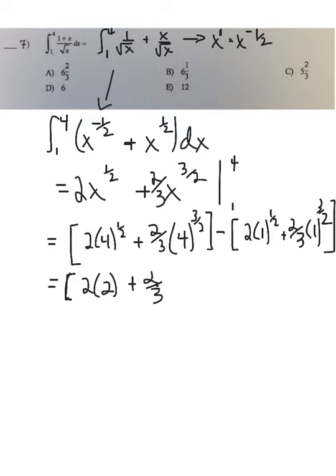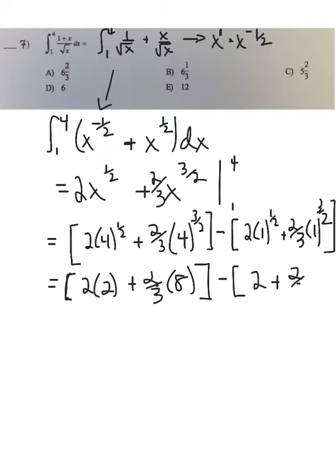So that's times 8, minus, then 1 to the 1/2 is obviously just 1. Square root of 1 is 1, so this is just going to be 2. And then we're going to do essentially the same thing over here. It's power over root. So we're taking the square root of 1, which is 1, and 1 cubed, which is 1. So that's just going to be 2/3.